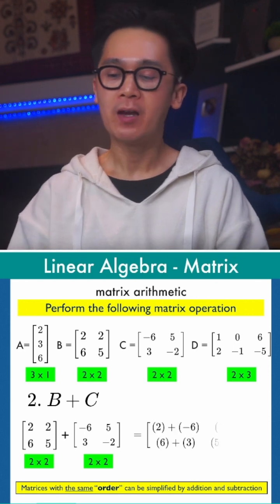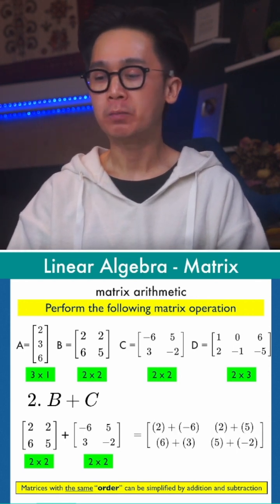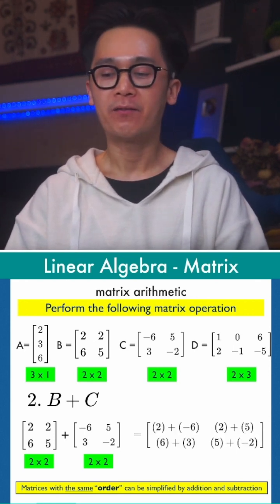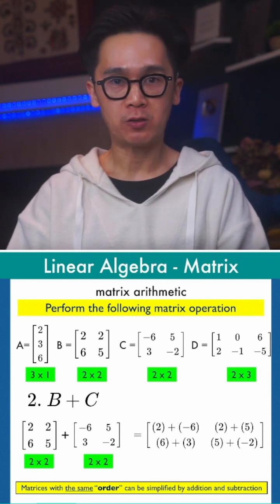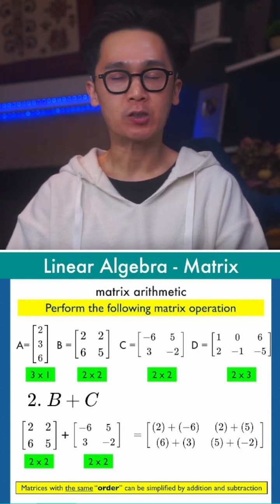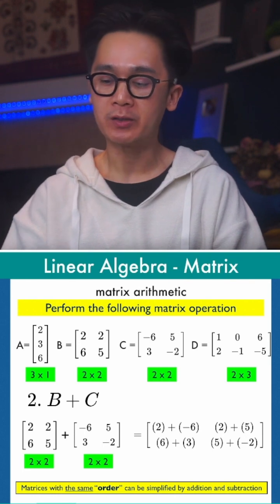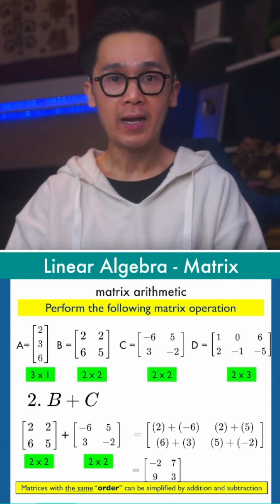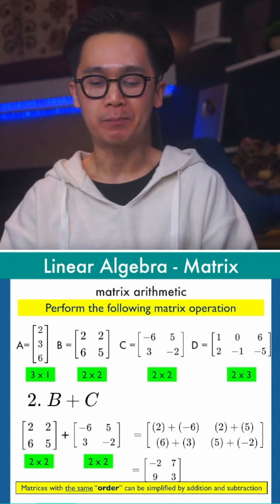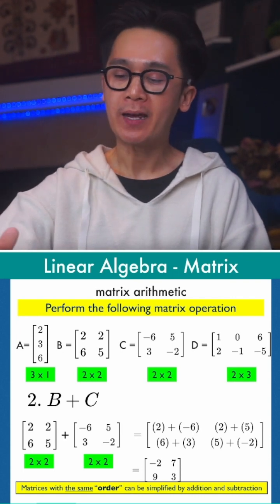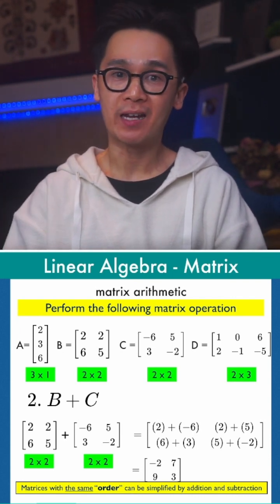So we'll have 2 plus -6, 2 plus 5, 6 plus 3, 5 plus -2, and make sure that you know the rules of adding and subtracting positive and negative numbers, so you will end up with the correct sum of matrices B and C, which happens to be -2, 7, 9, and 3.